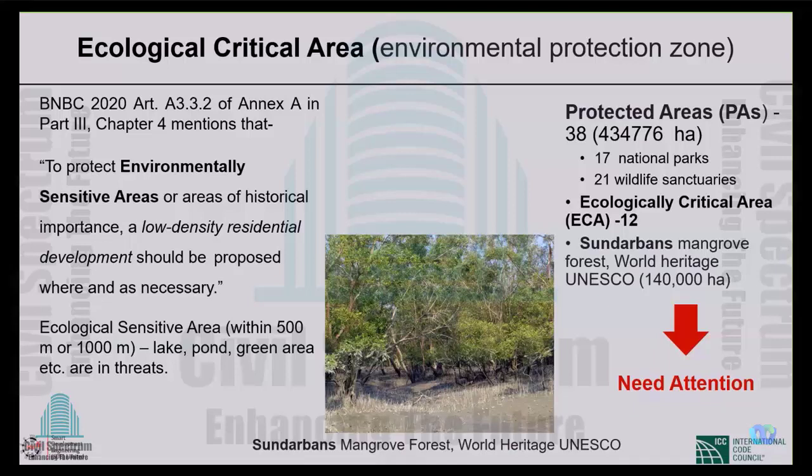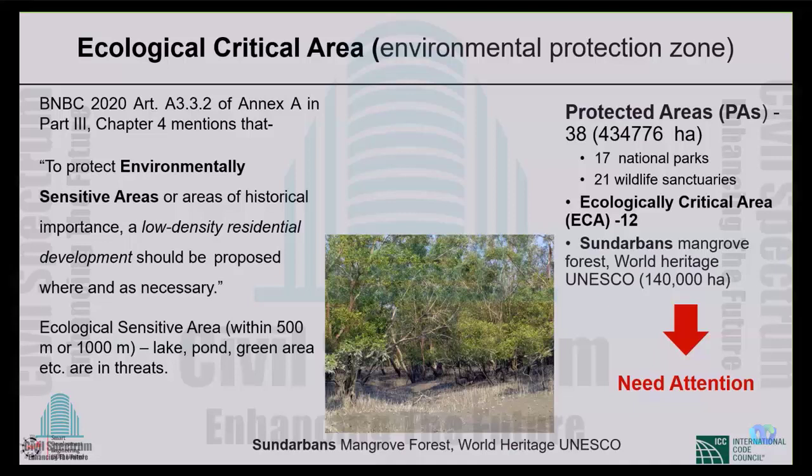So protected areas, ecologically sensitive areas, we have to understand what that means. In an ecological critical area, the environment in that particular area, it may be wetland, it may be forest, it may be a lake, is in danger, already degraded. We need to take care of it.